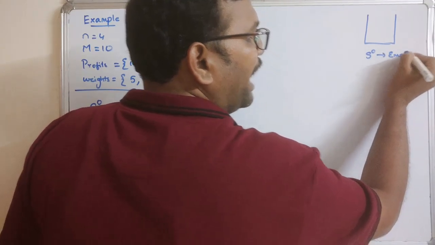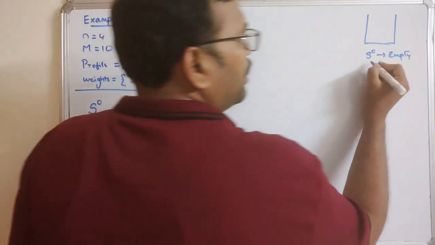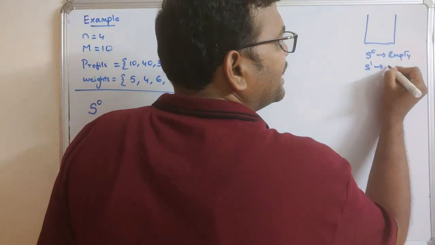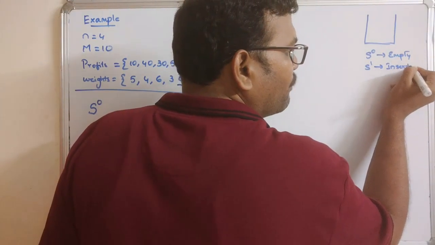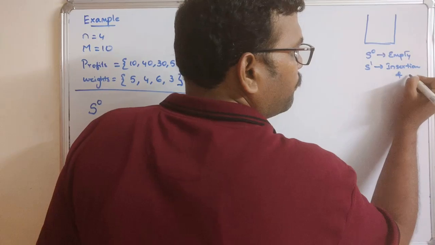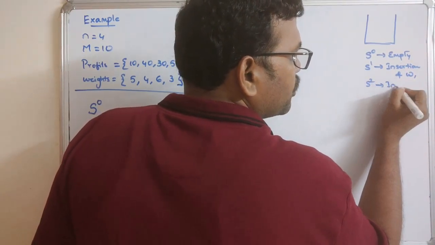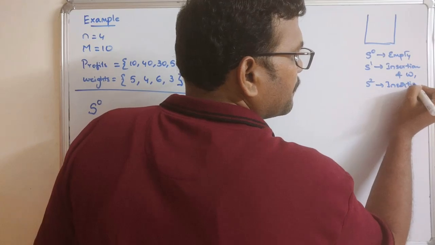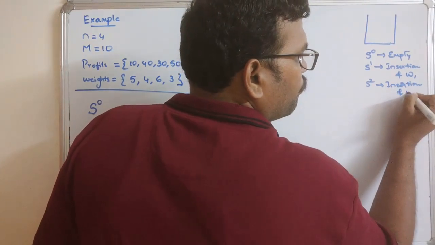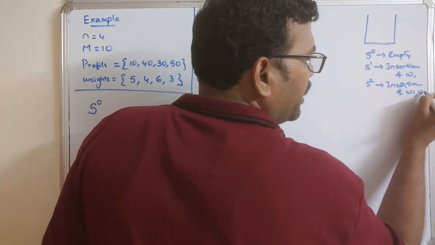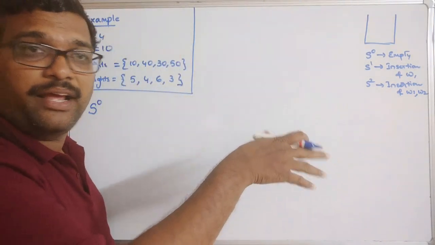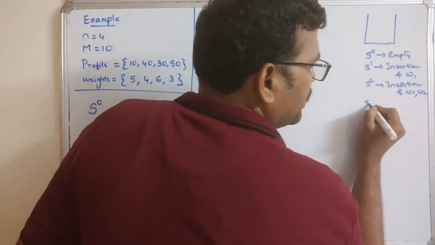That means without any weights. S1 means insertion of one weight, of weight 1. S2, insertion of weight 1, weight 2. Already weight 1 is there, so we are moving another weight.